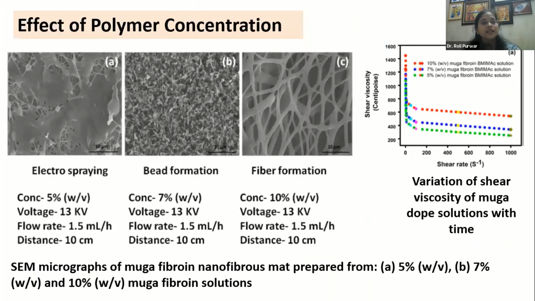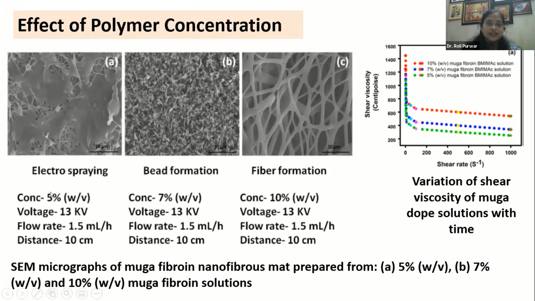Then the parameter: effect of polymer concentration. In this particular slide, we are showing that we took some Munga fibroin nanofibers and processed them at different polymer concentrations like 5%, 7%, and 10%.